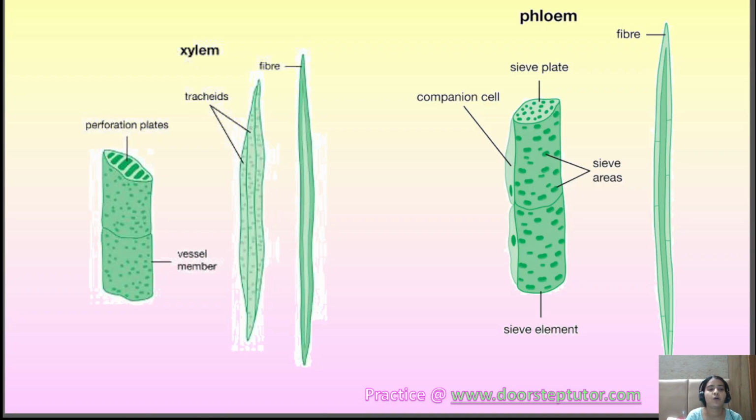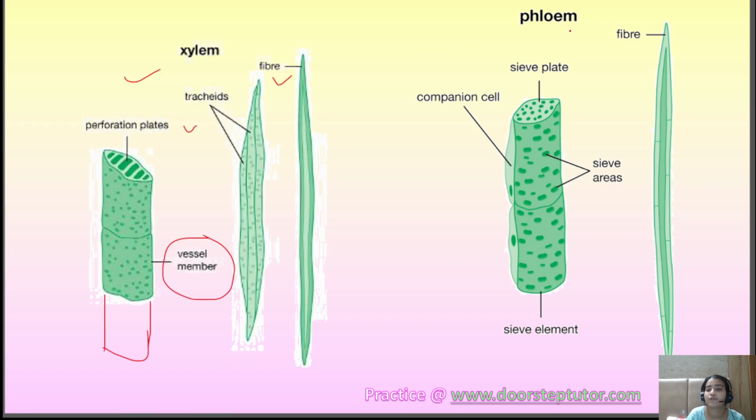Now, let's have a look at the components as well. In case of xylem, we can see tracheids are present, fibers are present. Here, perforation plates are also present. These perforation plates actually act as a conducting pipeline. As we can see, these are perforated, that's why these vessel members act as a conducting pipeline.